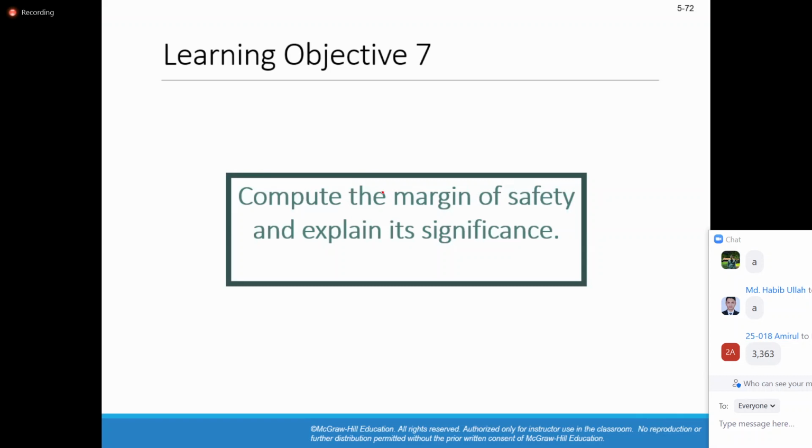Have you heard about this term from your earlier courses in any way? I'd just like to get your response, yes, no. You have heard about the margin of safety concept. No. Okay.